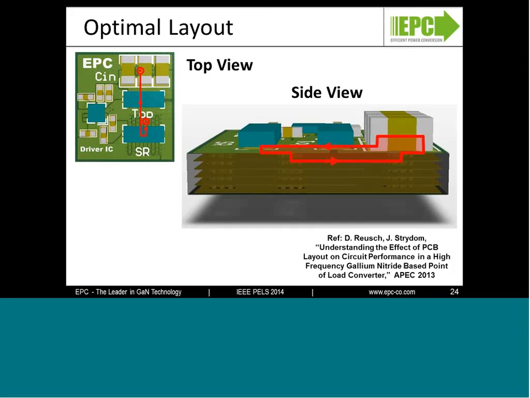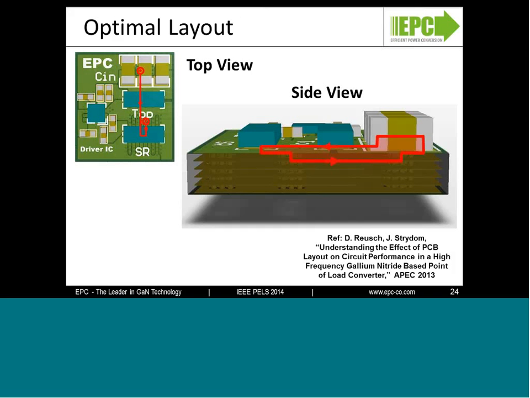Therefore, we don't have to have parasitic-ridden external connections that'll degrade our performance. And when you have low figure of merit, and when you have ultra-low package parasitic, it's also very important to optimize your layout to minimize the parasitics contributed by the printed circuit board. And at EPC, we developed an optimized layout to help further improve the performance achievable with eGaN FETs.